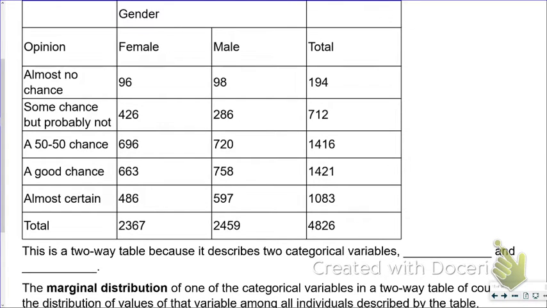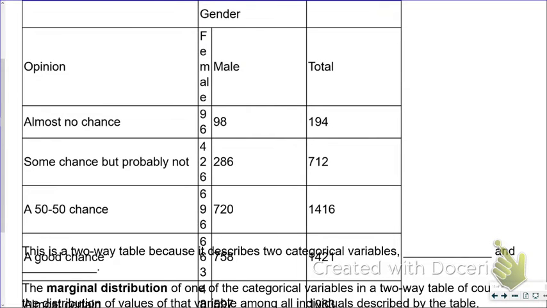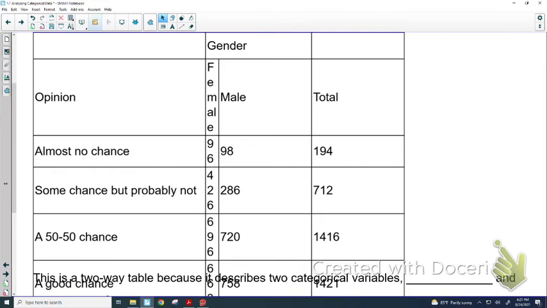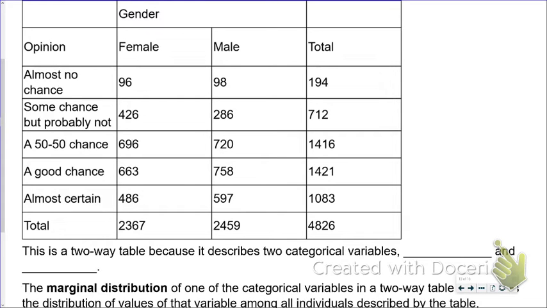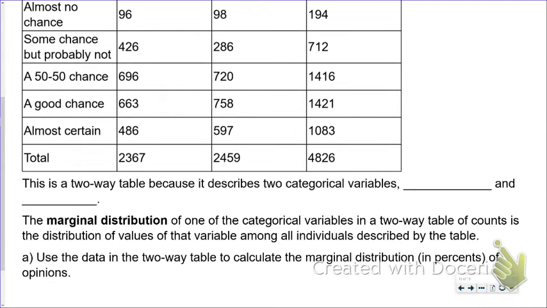We have gender and, whoops, I just totally messed that up. I thought the ink was on. Let's fix that. So let's start over. We have one variable of gender and one variable of opinion, so that's what goes in the two blanks. Let me scroll down so we can see part A. So gender and opinion of getting rich.